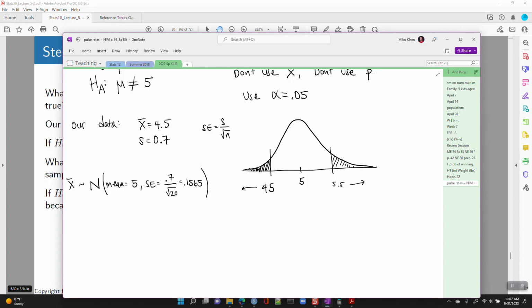And we want to know, is 4.5 unusual? So we're going to get basically a z-score, but because it's the t-distribution, we'll say t. We're going to do 4.5 minus the mean of 5, divided by our standard error of 0.1565.